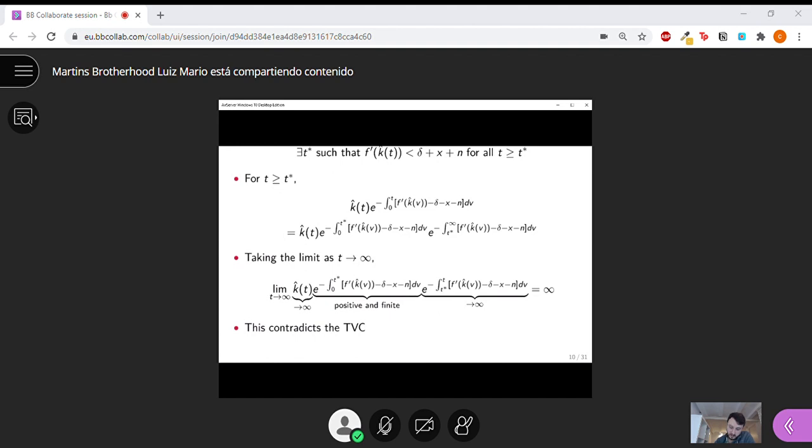And we know that all of these terms inside the integral are negative, and then we have the minus here. So this must be going to infinity because we are integrating an infinite number of positive numbers. If I put the minus inside, it's as if we are integrating from t star up until infinity always positive numbers. So this goes to infinity, okay?